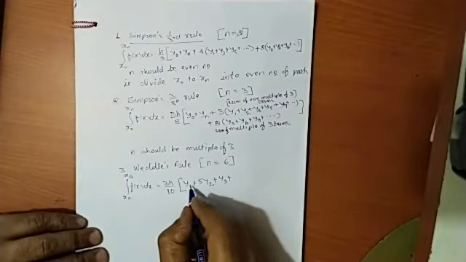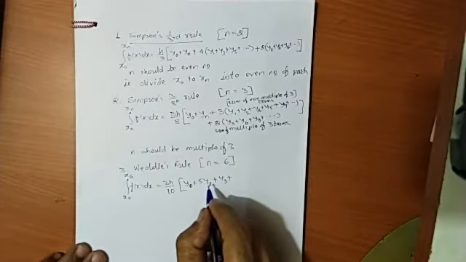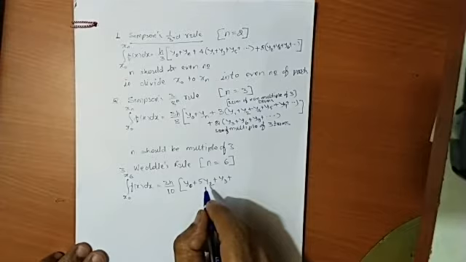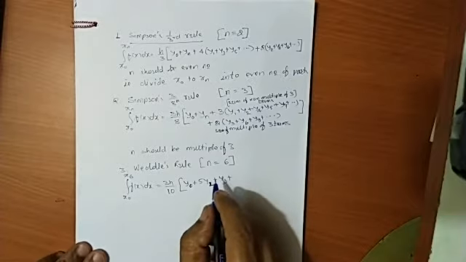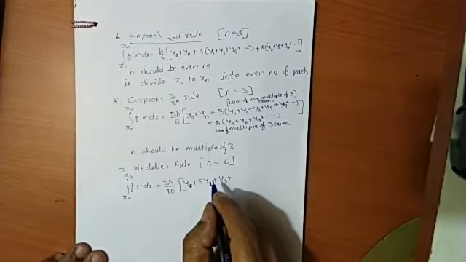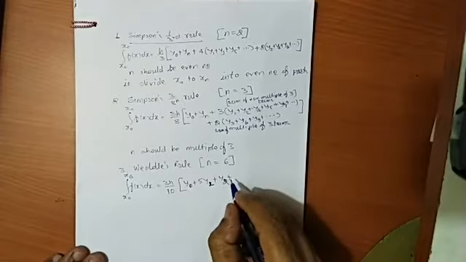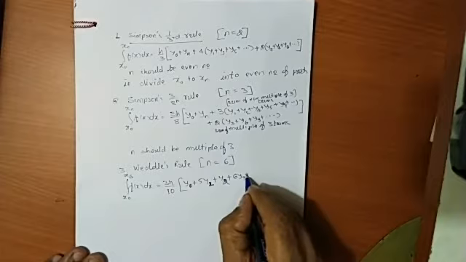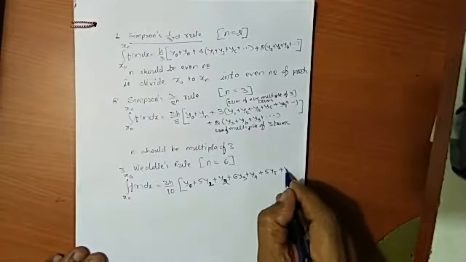I'm sorry, it is 3h by 10 times y naught plus 5 times y1 plus y2, plus 6 times y3 plus y4, plus 5 times y5 plus y6.